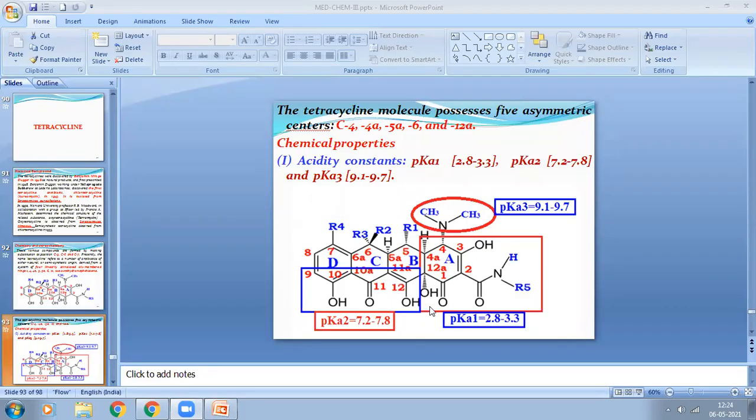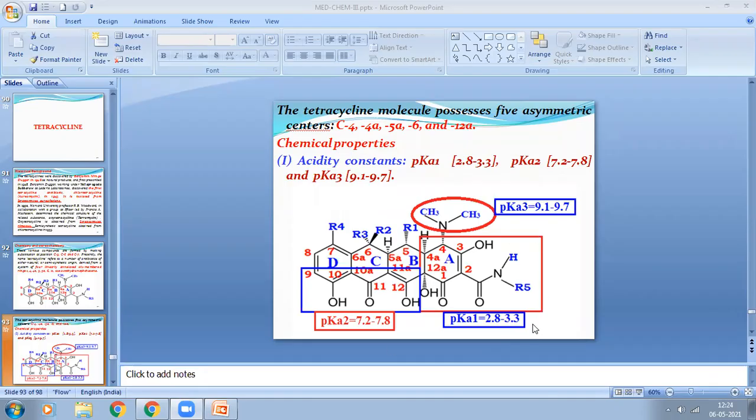Here C1, C2, C3, with double bonds, that is the trione system. Due to this trione system, the pK value is 2.8 to 3.3. So the first pK value of tetracycline is due to the trione system from C1 to C3.